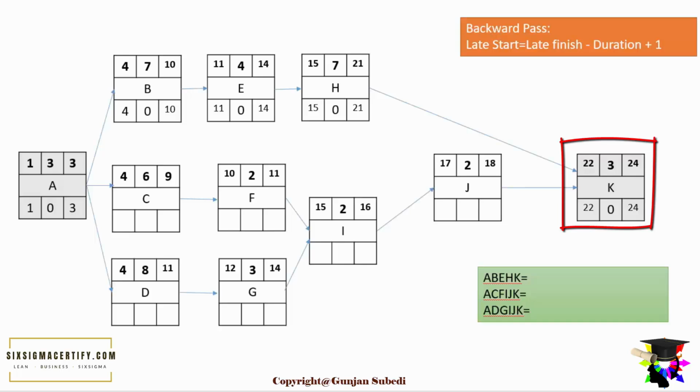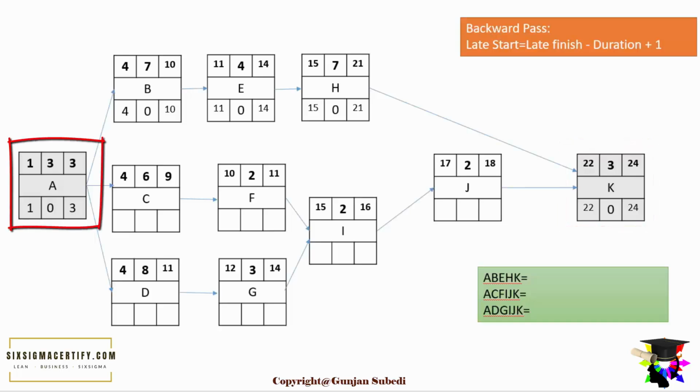Now it's not necessary that for the critical path the float should be 0, but while calculating the backward pass or forward pass, we should understand that for the critical path the early start should be equal to late start and early finish should be equal to late finish.